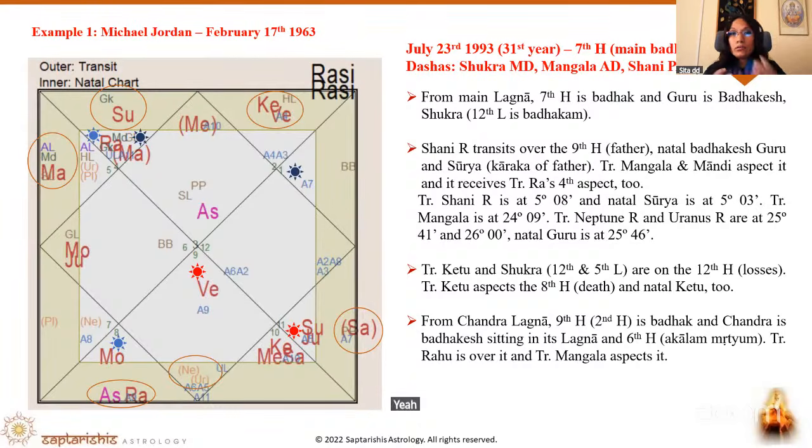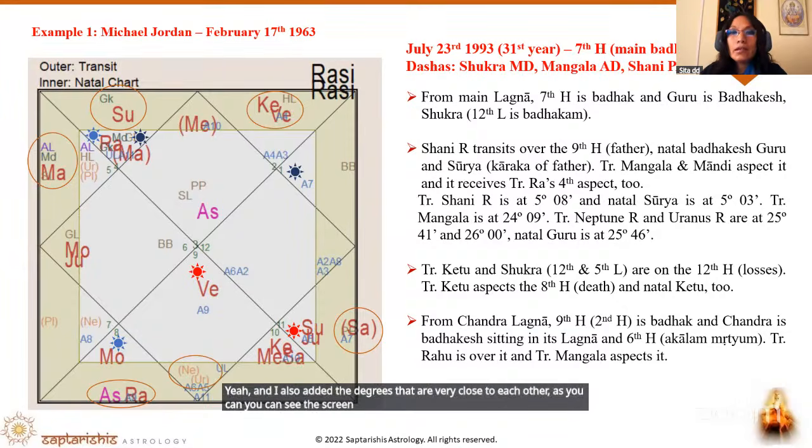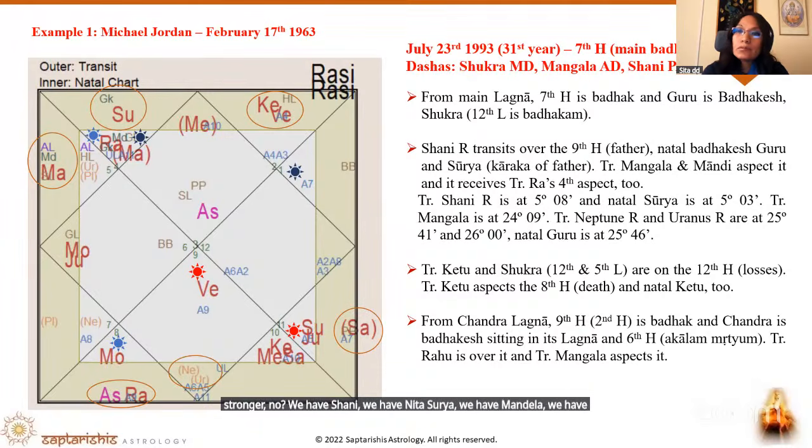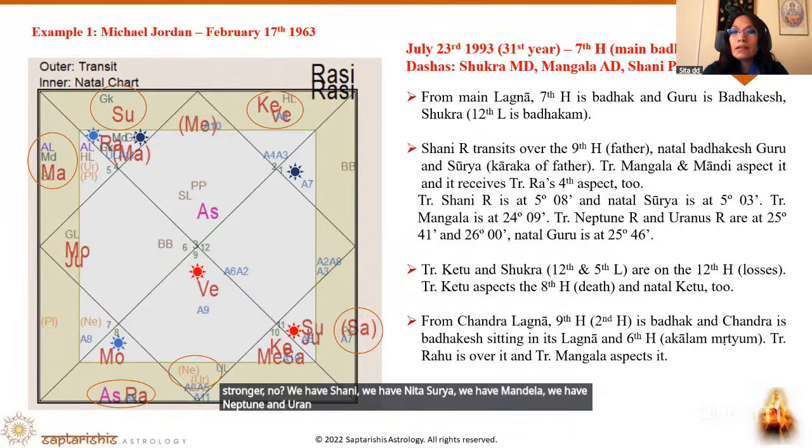And I also added the degrees that are very close to each other, as you can see on the screen, and that makes it even stronger. We have Shani, natal Surya, Mangala, Neptune and Uranus, and even natal Guru close to each other.